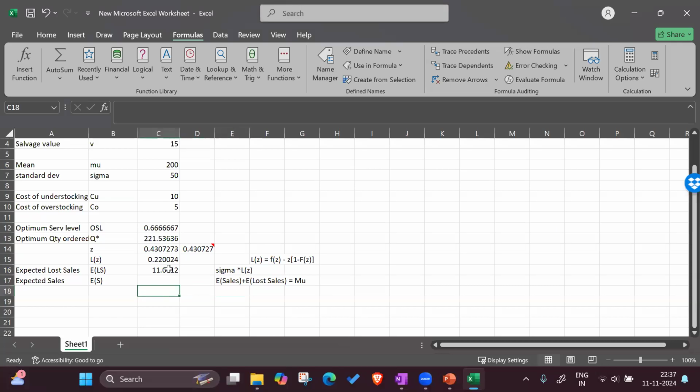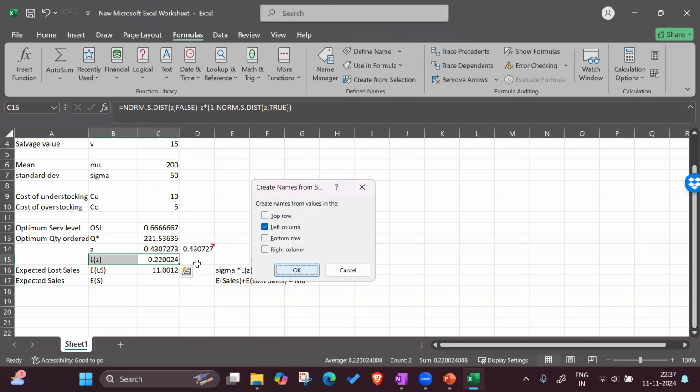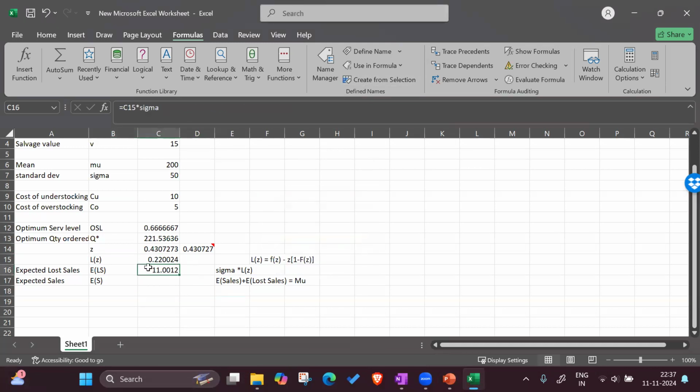Expected sales is mu minus expected lost sales. When expected losses are already calculated, mu is already something that I have. So let's try to calculate that. I will also do this so that you can see it.